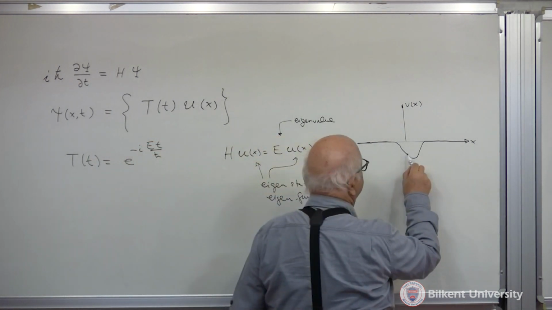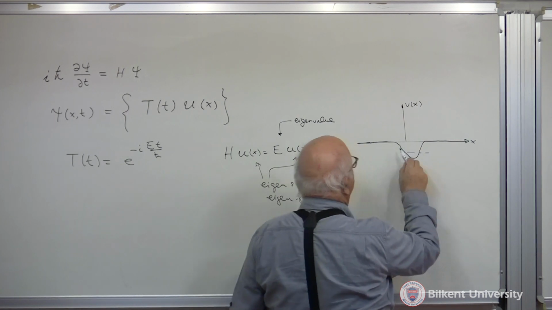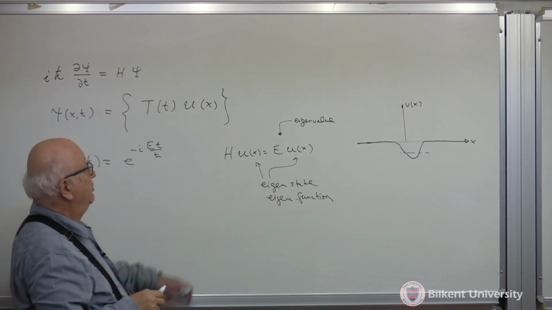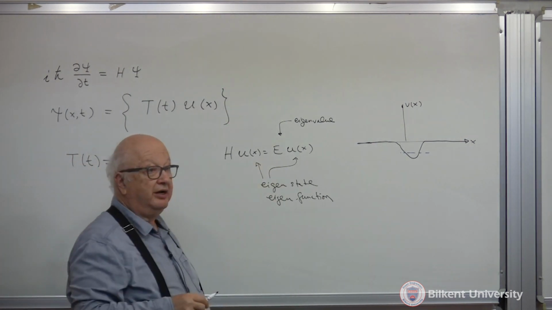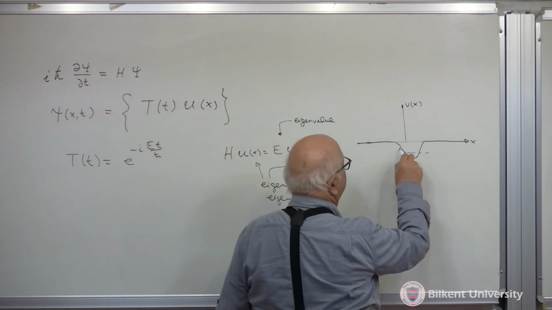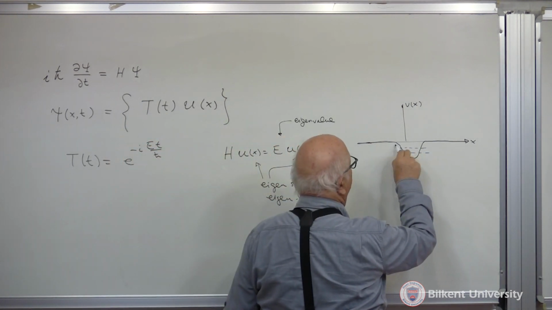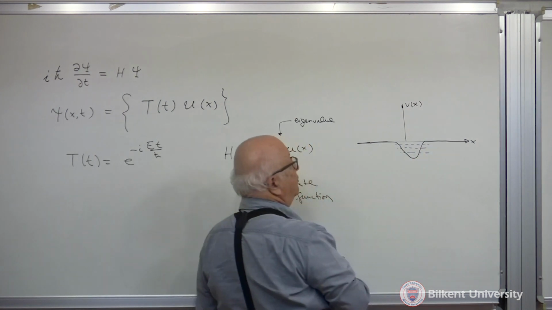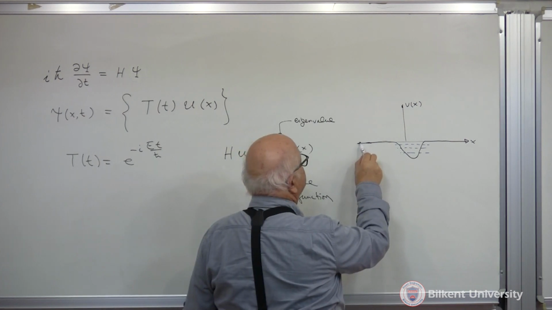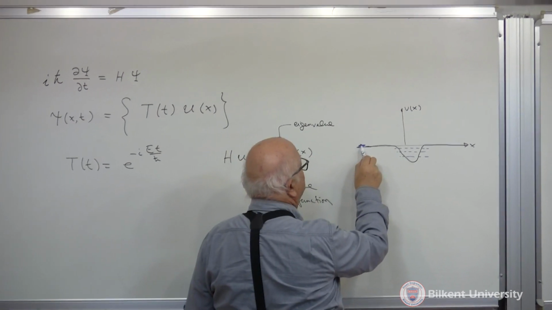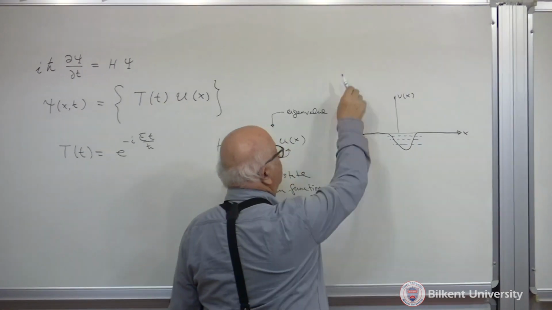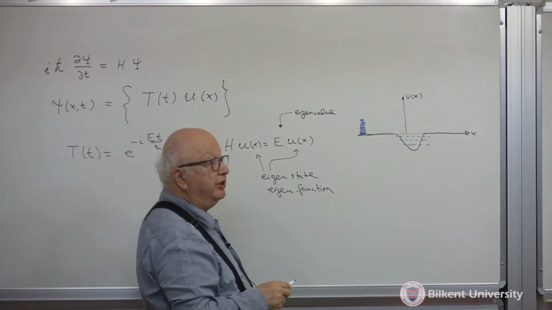The particle is somewhere over here, and it does not have enough energy to go to infinity. Okay, we interpreted this as the energy of the particle. So in that case, I'm going to get a discrete set of states. But if the energy is larger than the value of the potential at infinity, then I have a continuum of values of E.